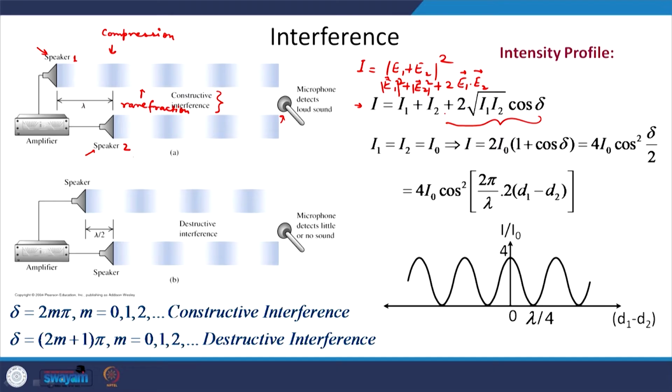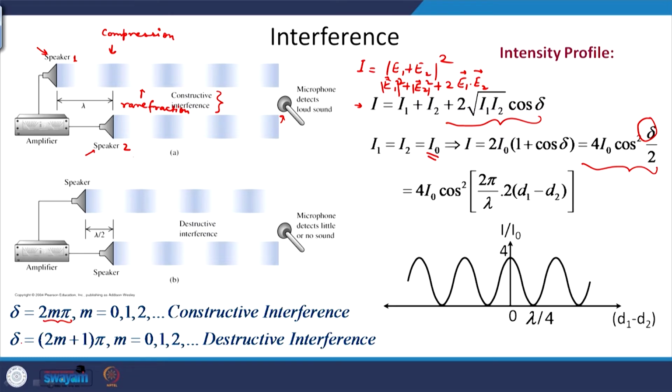And if the intensities of the two waves which are interfering with each other are same, let us say it is I0, then I becomes equal to 4 I0 cos square delta by 2. This delta is the phase term, and if the phase difference between these two waves is a multiple of 2 m pi, then you will have a constructive interference.